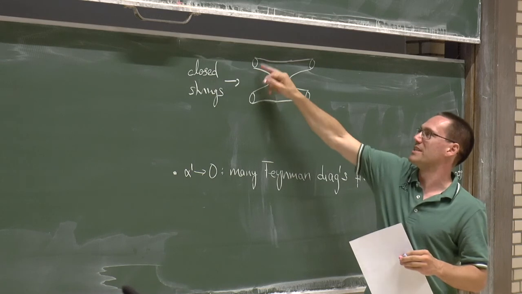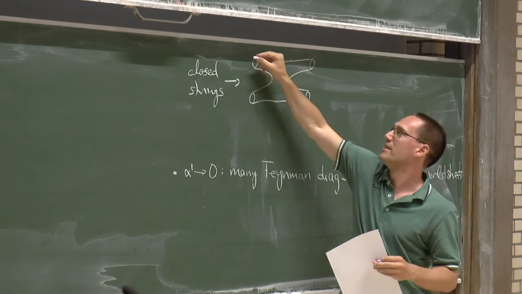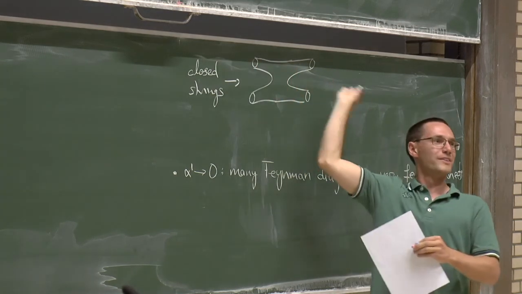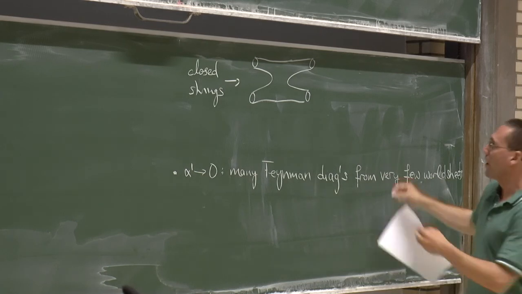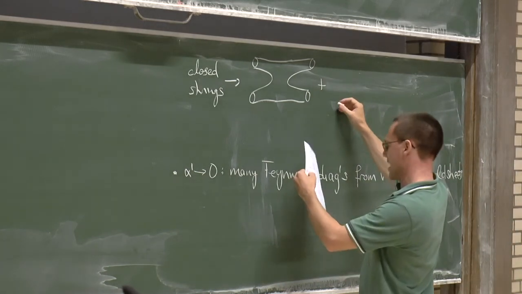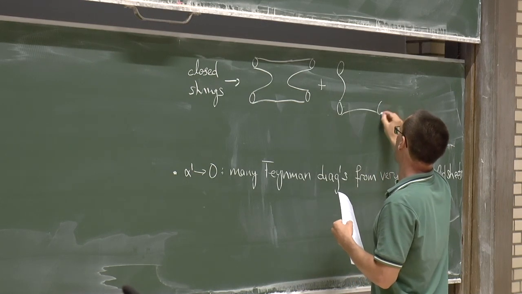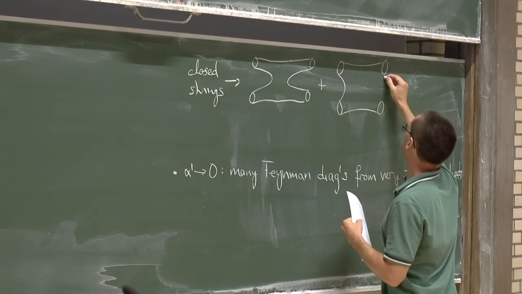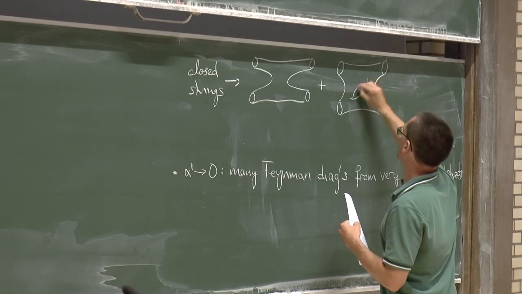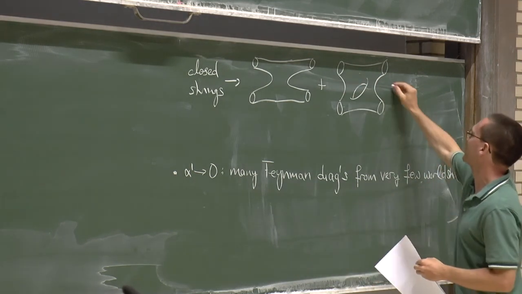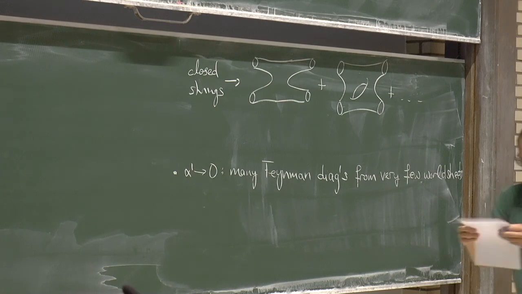Just imagine this is the closed string and it propagates through space-time going to the right. And once more I can repeat the game with the topological expansion. I can redraw this process, but now with a hole. So now it's something with the topology of a torus, and again you can go on and on and on.